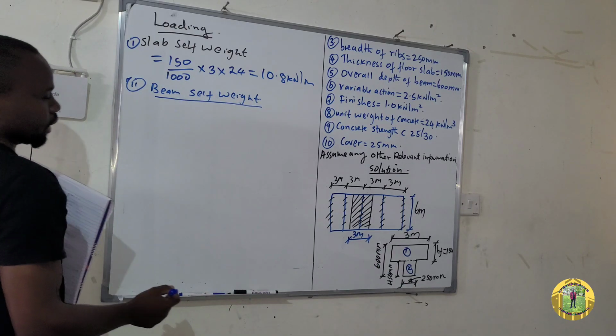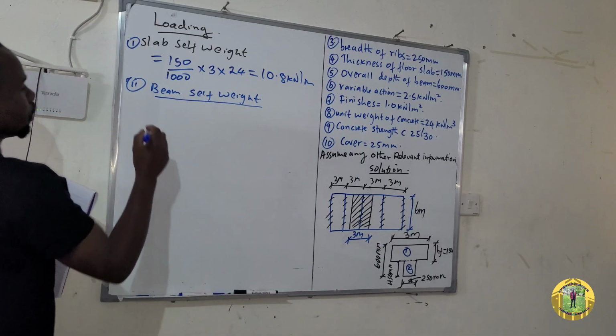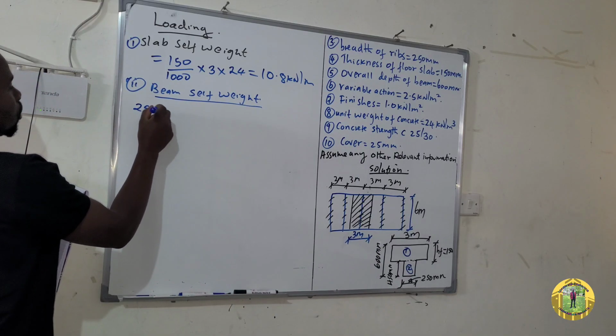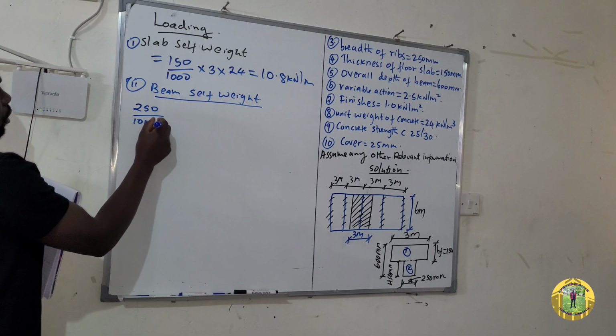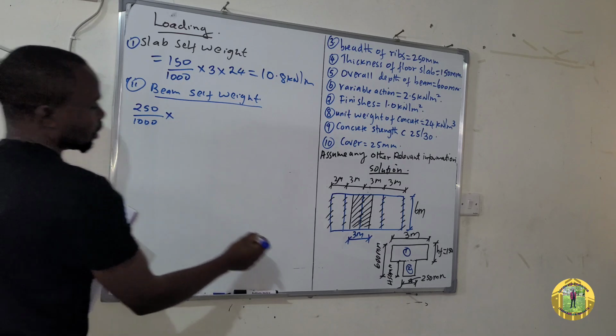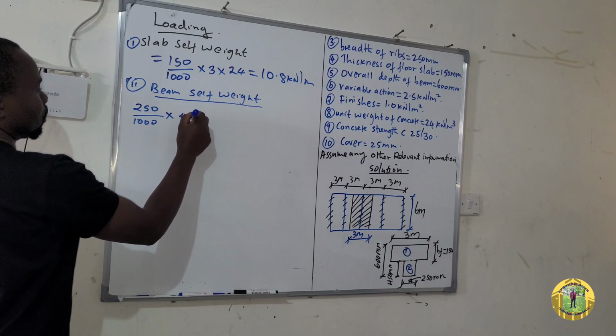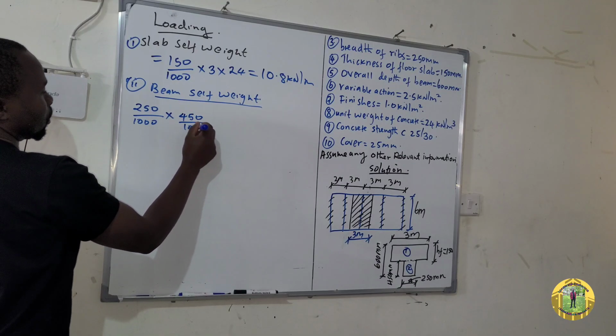Therefore, we'll get the area of the section of this beam, which is 250 over 1,000, change 250 into meters, times the depth, which is 450 all over 1,000.